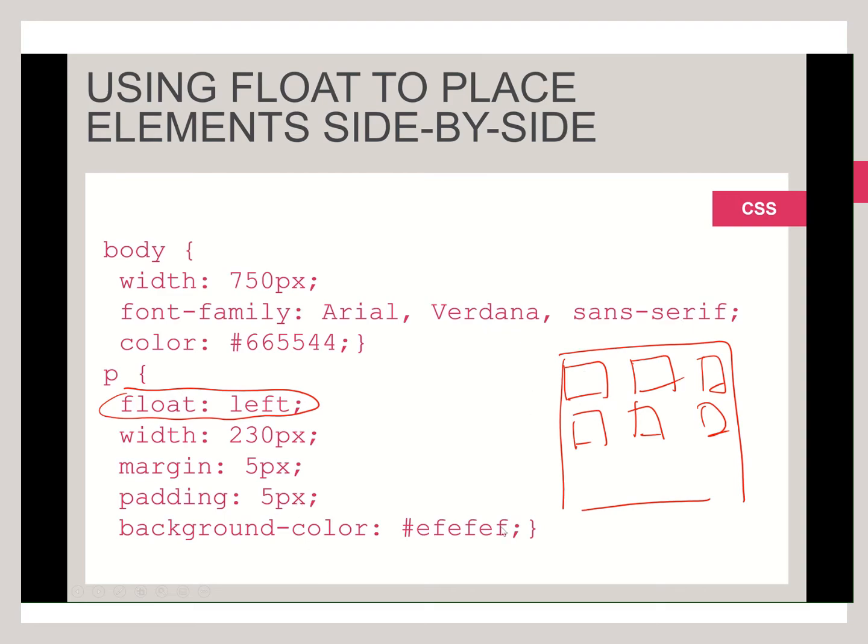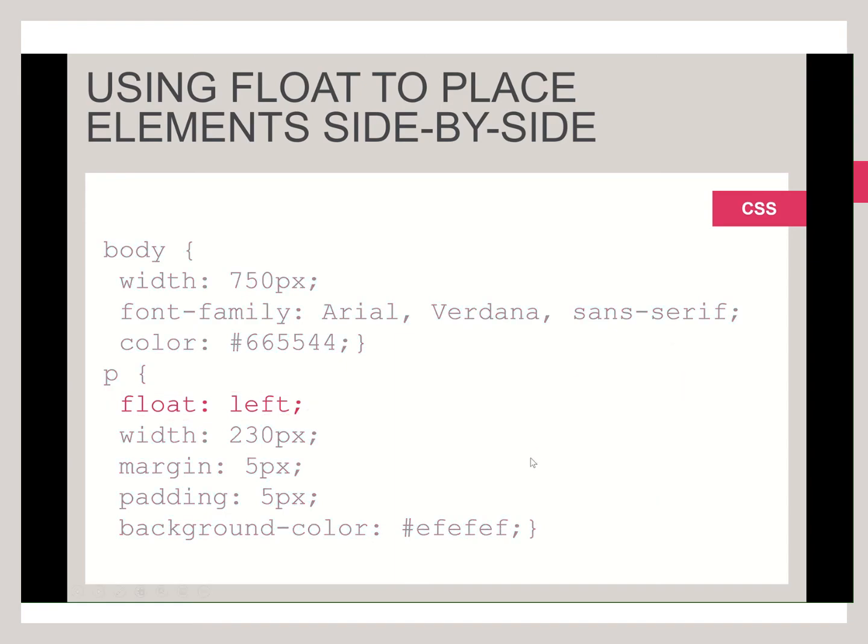The background color is gray. Let's highlight this float property, and we define its width because we must do that, otherwise it's not easy to handle. So each one is just like a box.